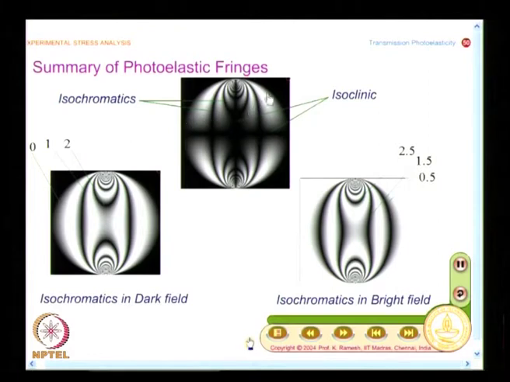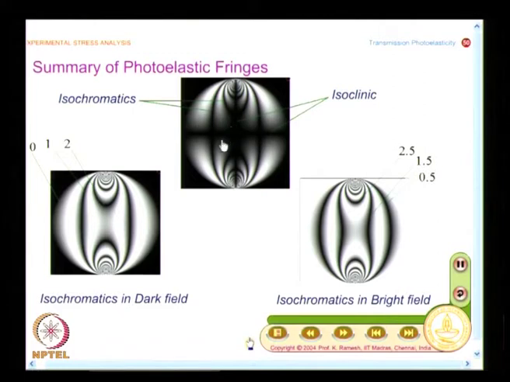So, what I have here is this: I see in a plane polariscope, I have the background as dark, I have isoclinics as well as isochromatics, and if you look at the dark field of a circular polariscope, the fringes of isochromatics are the same, only the isoclinics are different.